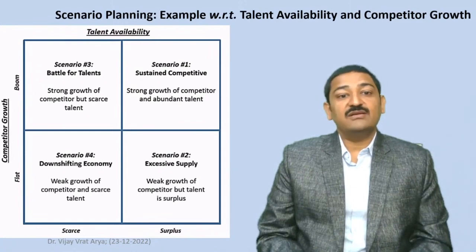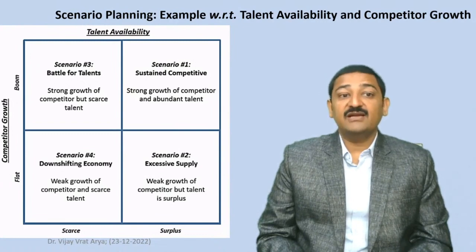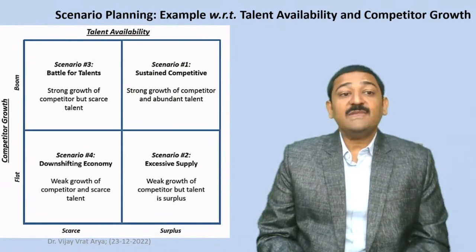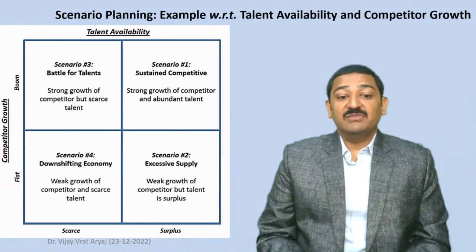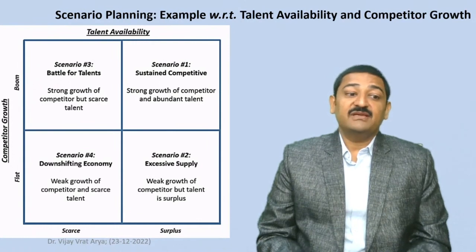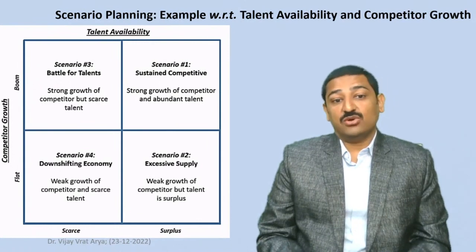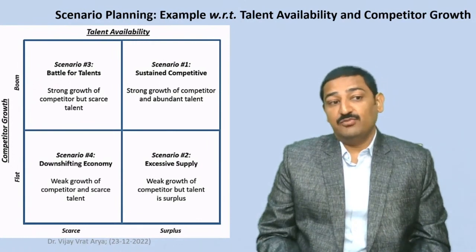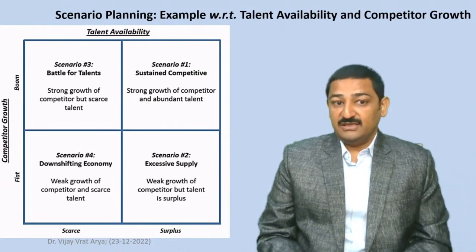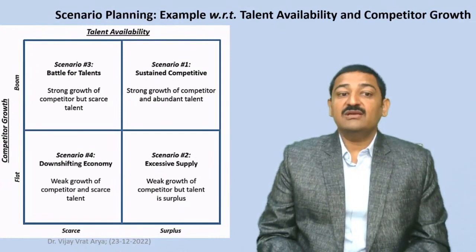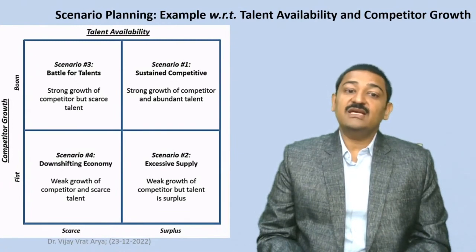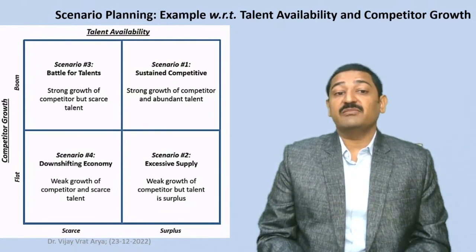So in scenario one, a sustained competitive scenario has been identified, which means that talent availability is surplus and at the same time the competitor growth is also better. That is the booming situation. So in scenario one, there is a strong growth of competitor and the abundant talent is also available.